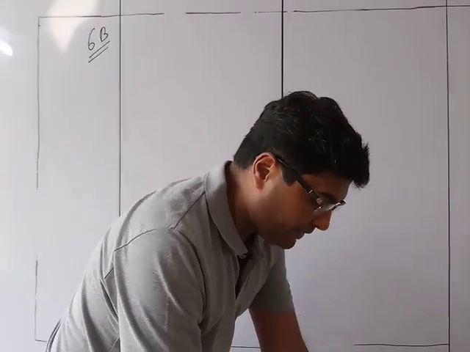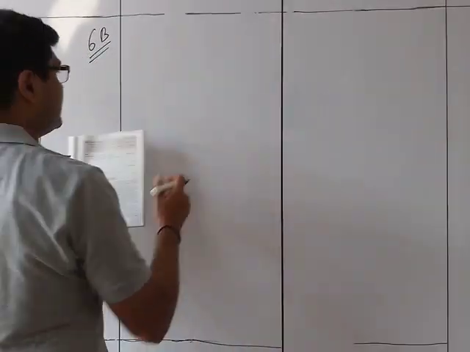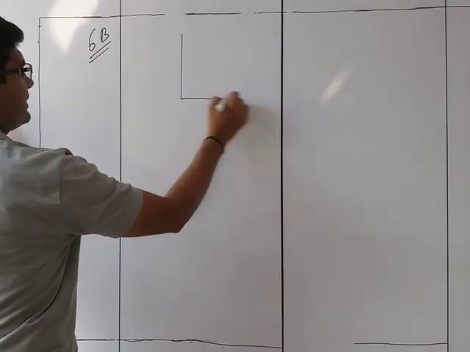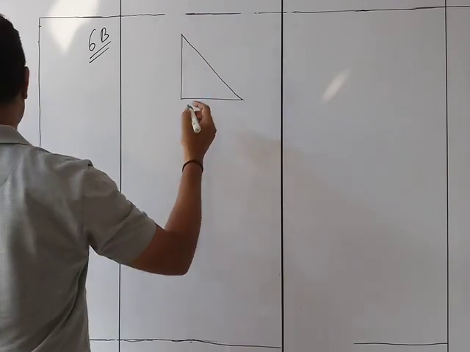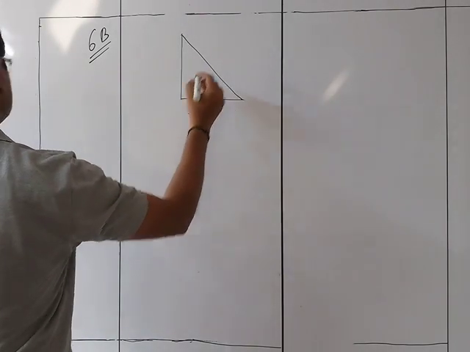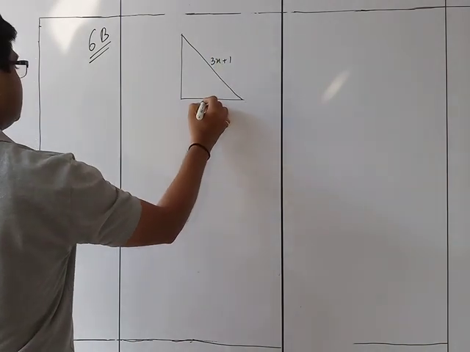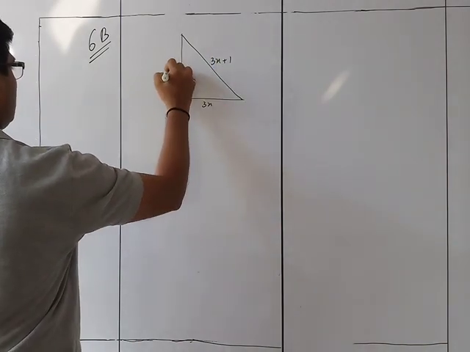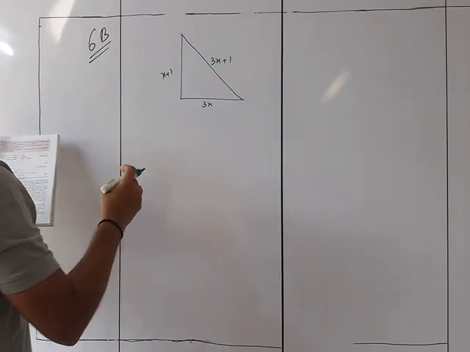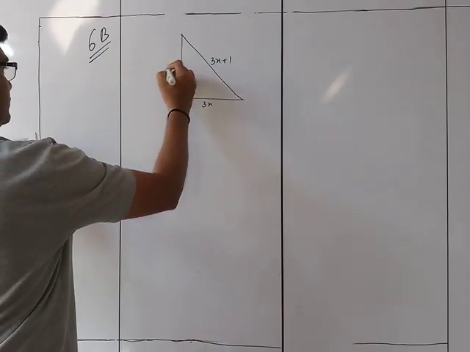So first we have a right angle triangle. So this is my right angle triangle, wherein the sides are given to me. The hypotenuse will be the greatest one, so 3x plus 1 will be the hypotenuse, 3x will be here and sorry, it's x minus 1 which will be over here.